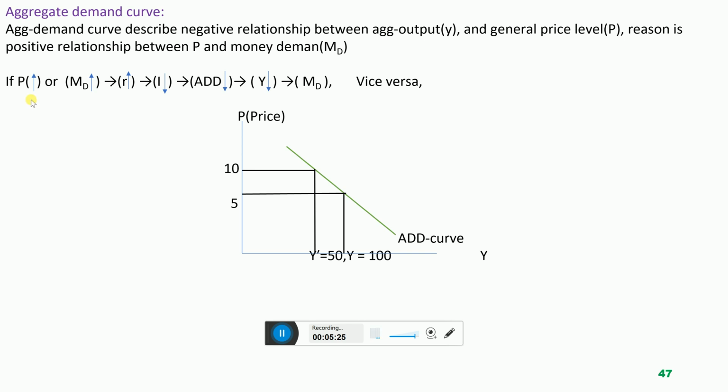So when price increases, the demand for money, MD stands for money demanded, will increase, because goods and services are now expensive. To survive, to purchase the goods and services, we need more money. So money demand increases. When the money demand increases, to stop this huge money demand, the banks will increase the interest rate, because people are demanding more cash for daily transaction purposes.